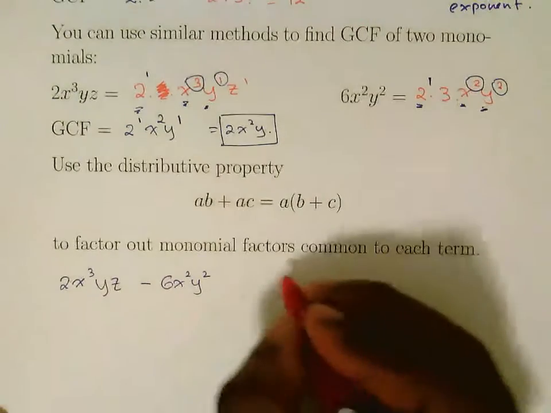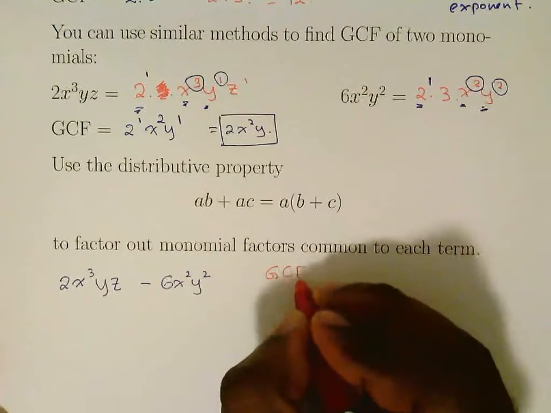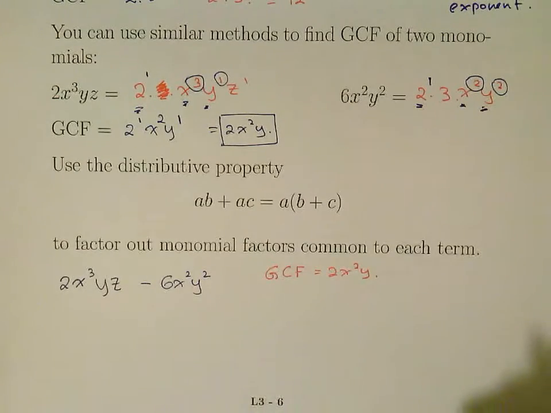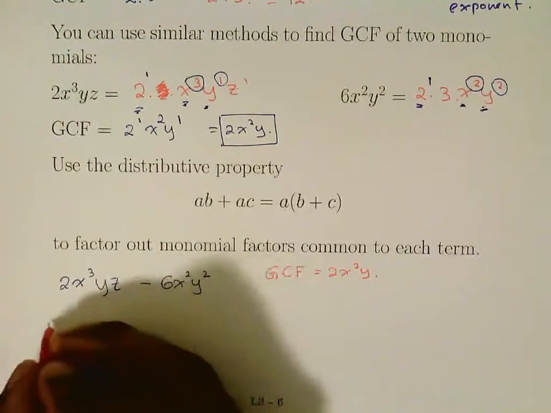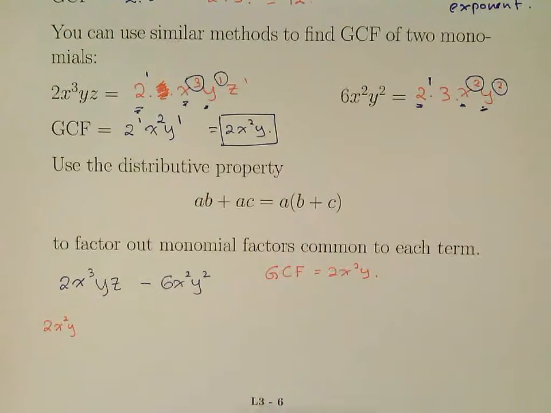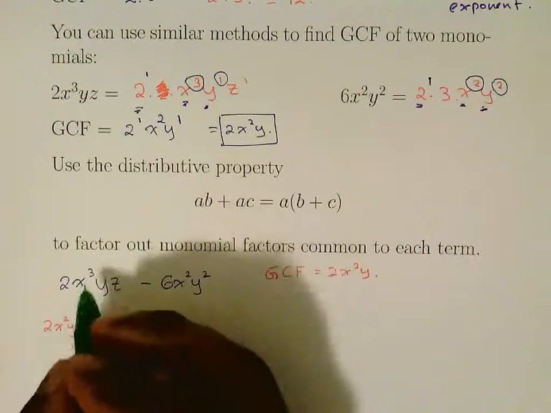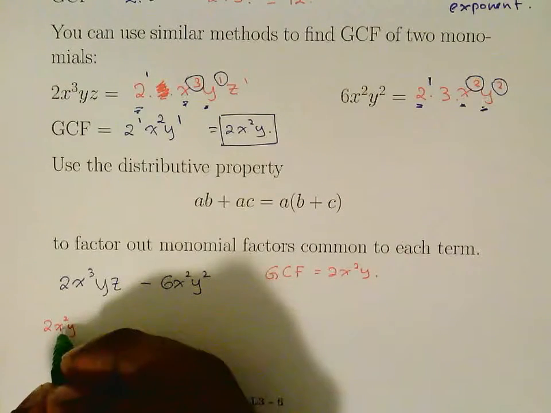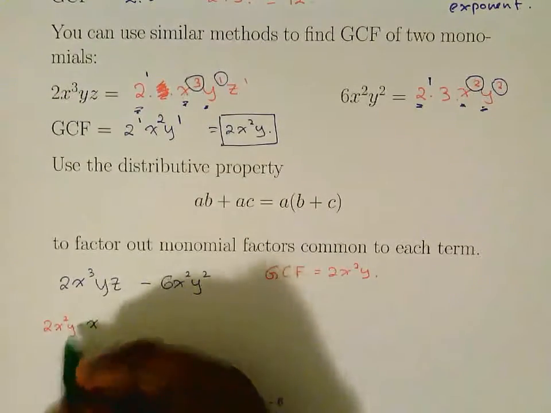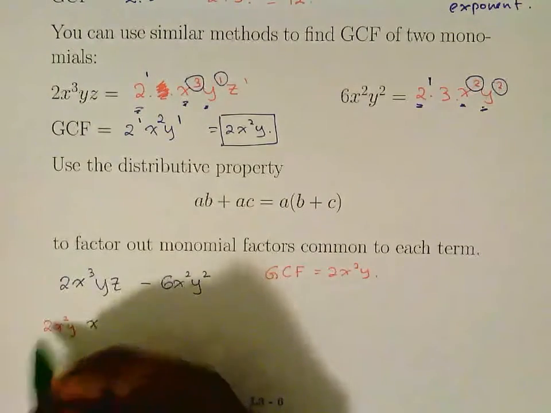You already found that the greatest common factor is 2x squared y. So what you do here is write down 2x squared y and try to fill in what's missing. You had x cubed, here you wrote x squared, so an x is missing. You had y, you have y here. You had 2, you have 2 here.